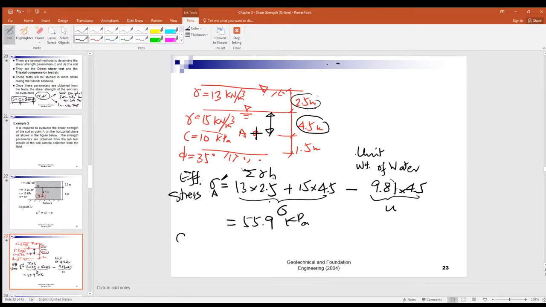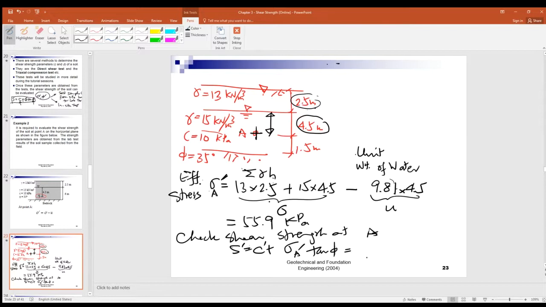Now check the shear strength at A. S equal to what? C plus sigma A dash tangent phi, right?